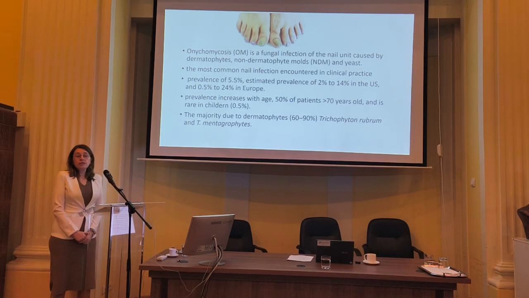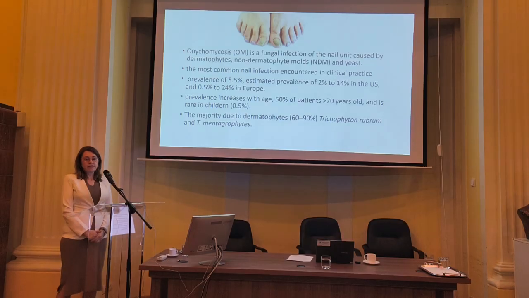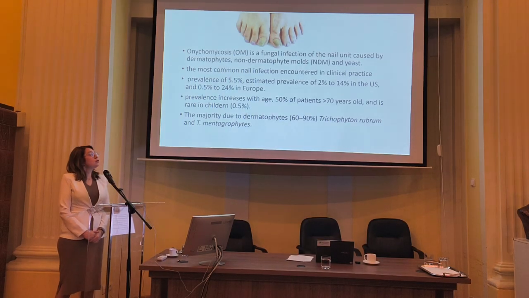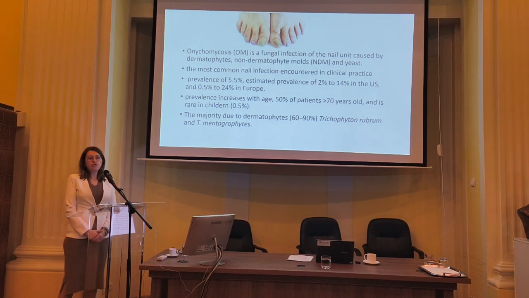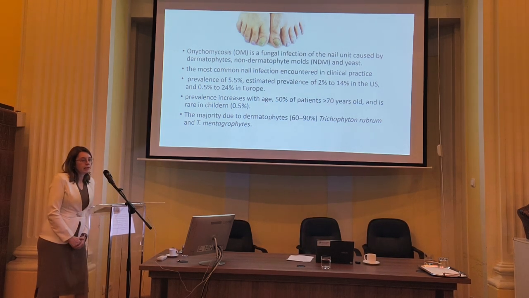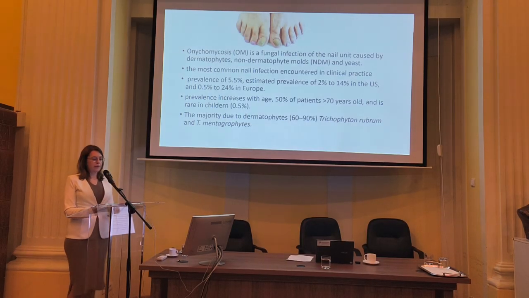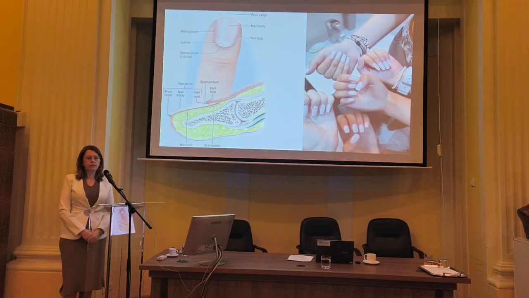The prevalence increases with age. Therefore, among patients older than 70 years old, literally half of them do have onychomycosis. We even have children, 0.5%, that are affected with this condition. The majority are dermatophytes, and in Europe, these are Trichophyton rubrum and Trichophyton mentagrophytes.